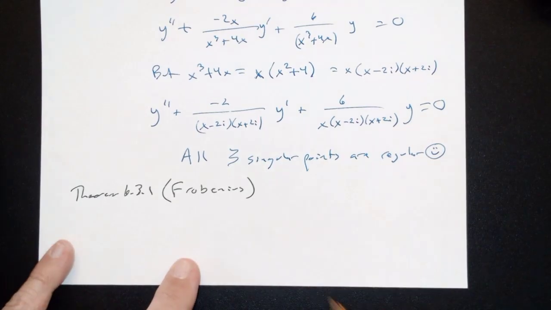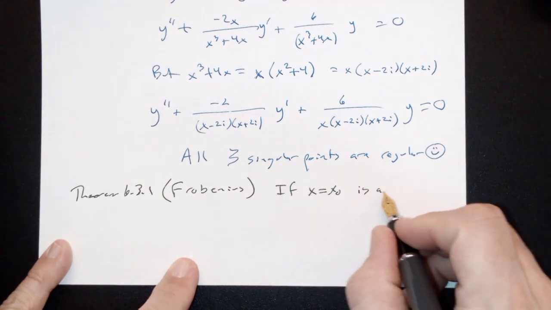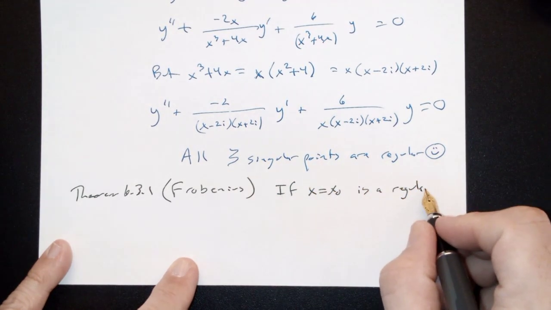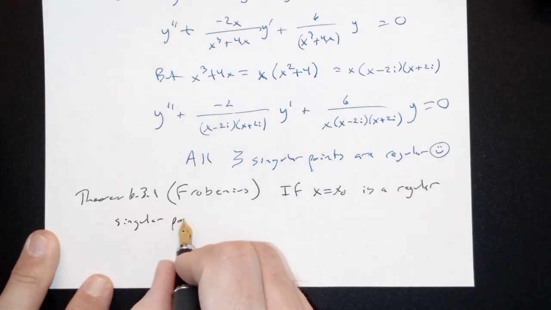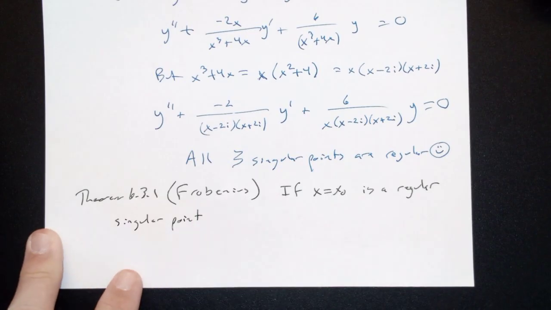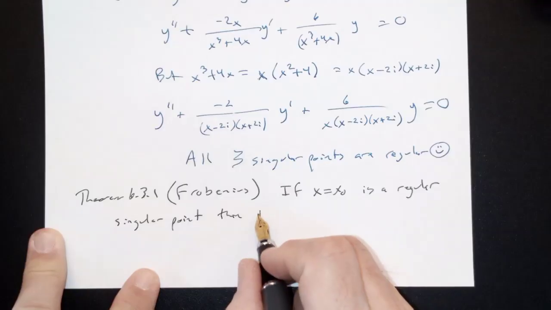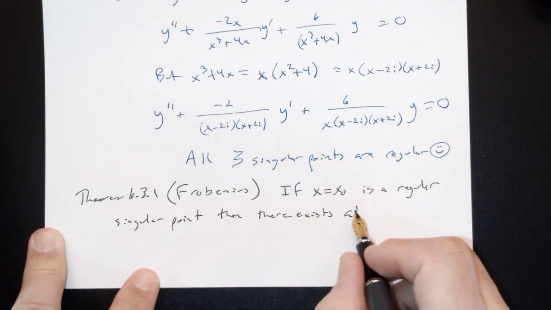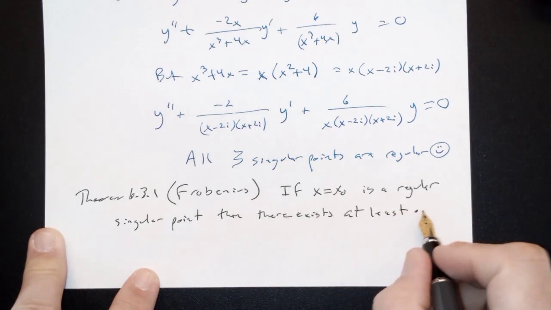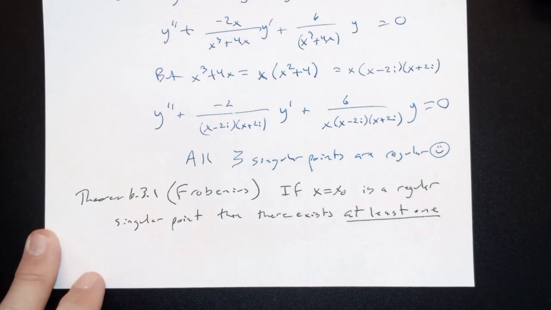Frobenius said, if x0 is a regular singular point, then there exists at least one series solution.